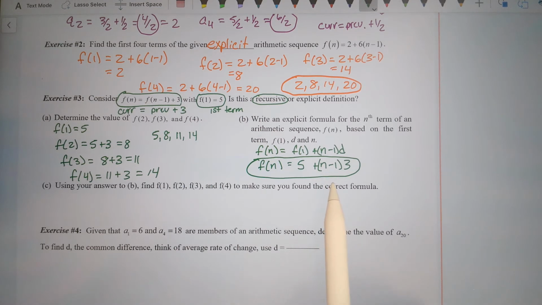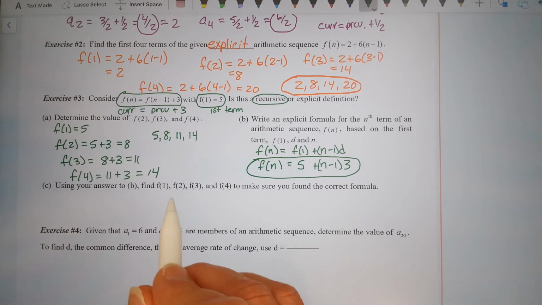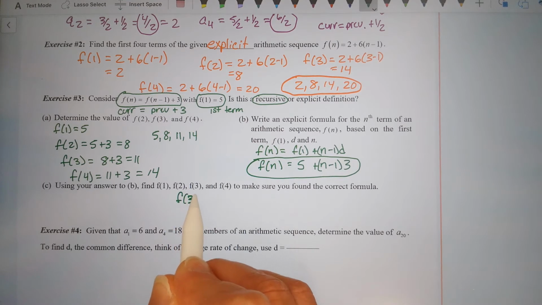If I wanted to find the value of the fourth term, right, we just put 4 in for n. 4 minus 1 is 3. 3 times 3 is 9. 9 plus 5 is 14. Checks. Using your answer to B, find, oh, so now it's asking us to do just that, to check. I already checked f of 4, so let me just check f of 3, all right, on paper here.